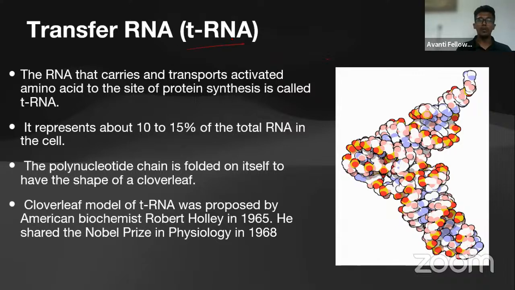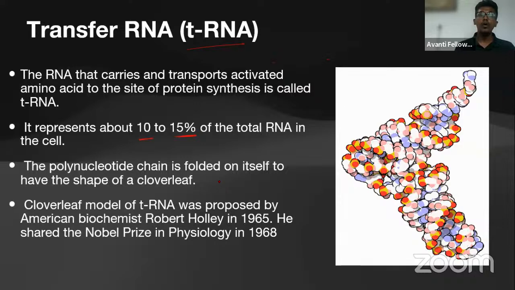Okay. So now what happens? The tRNA is actually the sole member who is responsible for bringing the amino acid. Got it? Now, what is tRNA? The tRNA consists of almost 10 to 15% of the total RNA in the cell. That means they are very large in volume.